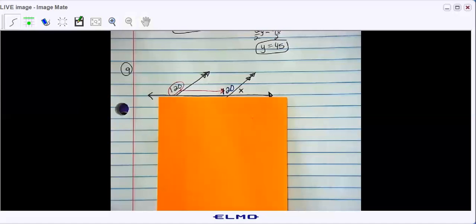If 120 and X make a straight line, what do I know that they have to add up to be? 180. Nice. Yep, 180.